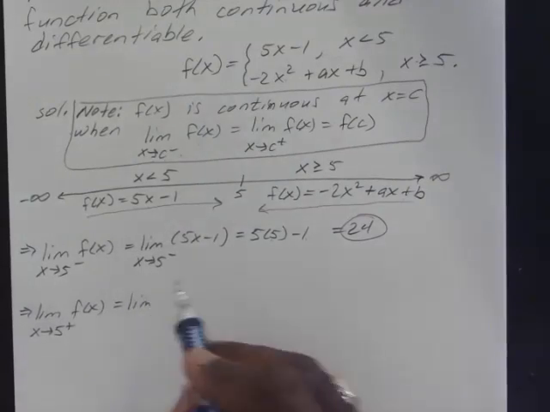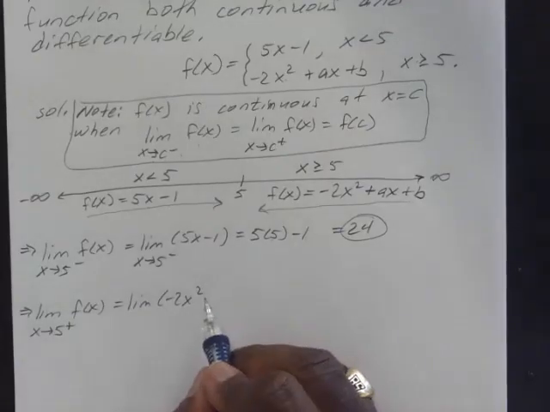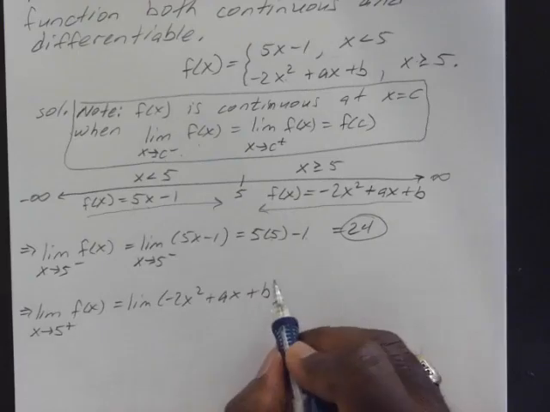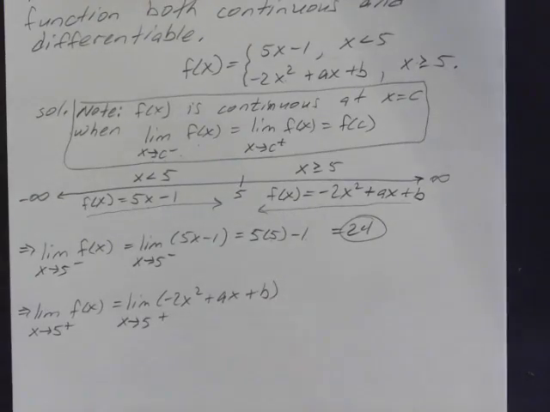So this is the limit of negative 2x squared plus a times x plus b as x approaches 5 from the right. So again, we use direct substitution, but we can only substitute the x.